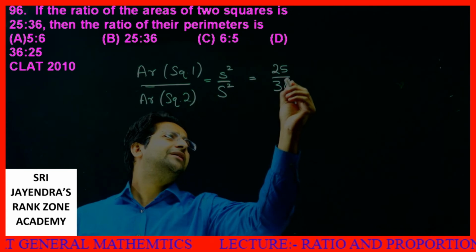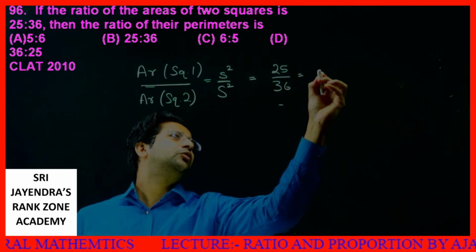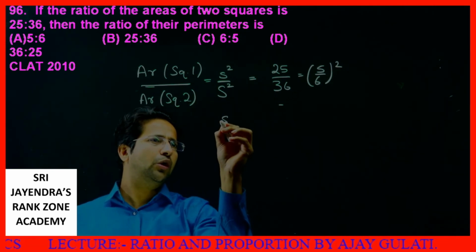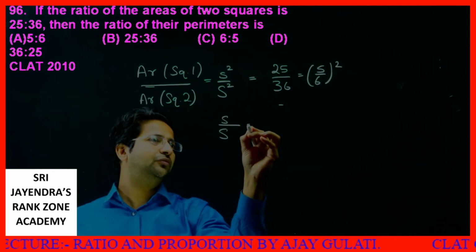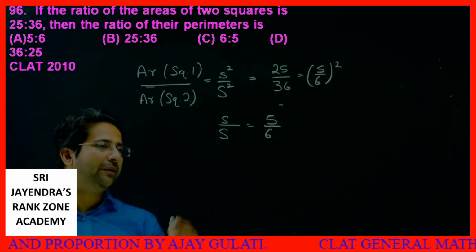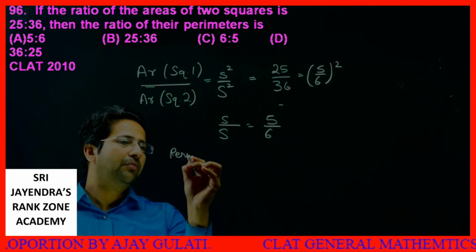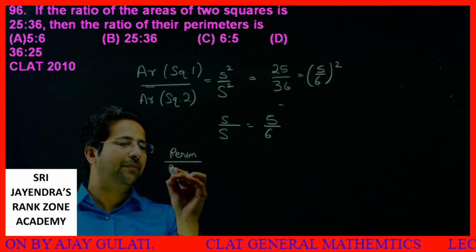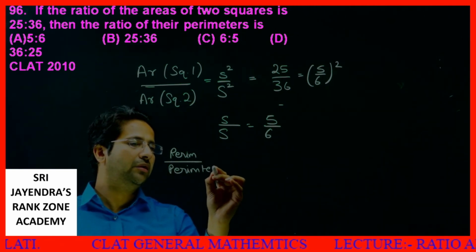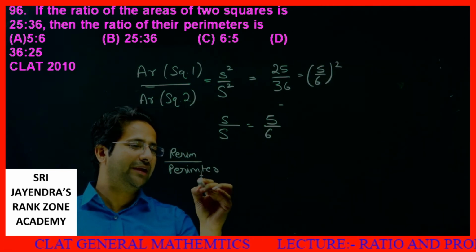Or I can say this is equal to 5/6 square. So small s upon capital S is 5/6. We are asked about the perimeter. What is perimeter? Perimeter of square 1 upon perimeter of square 2. Just mind the spellings.